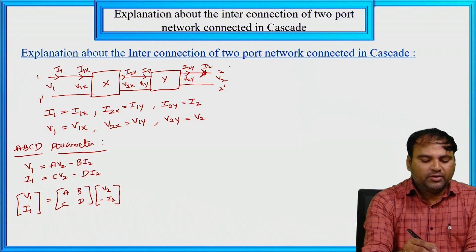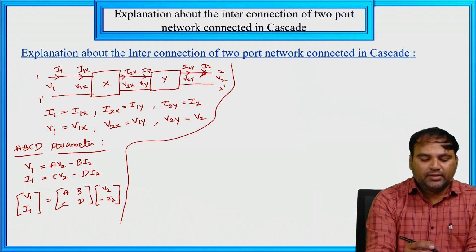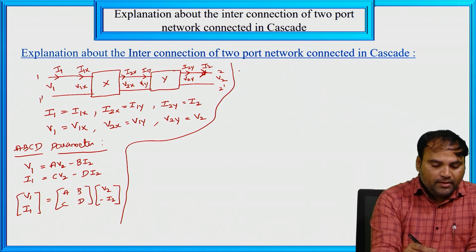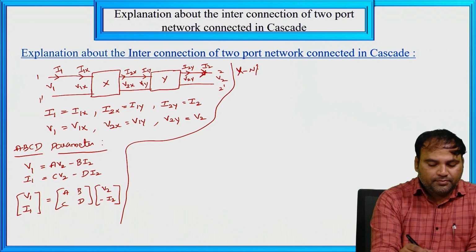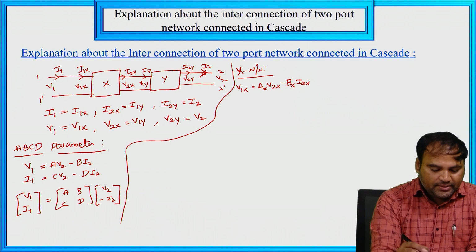Now we write the equations for the X two-port network. V1X equal to AX V2X minus BX I2X.